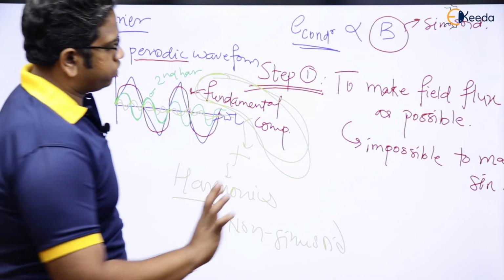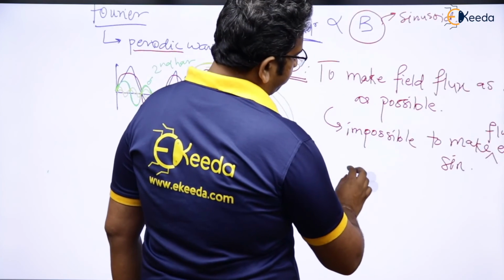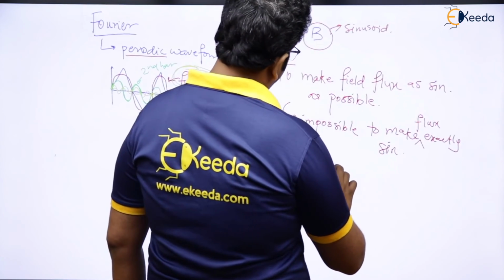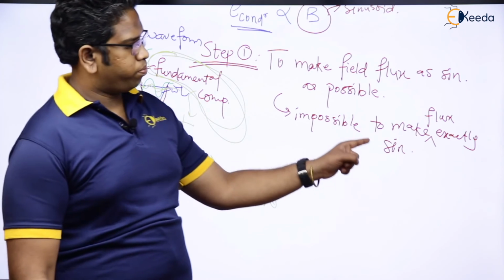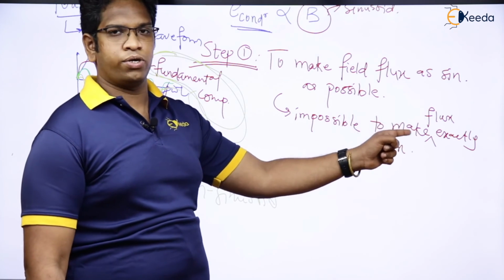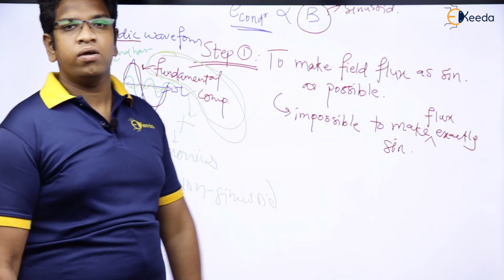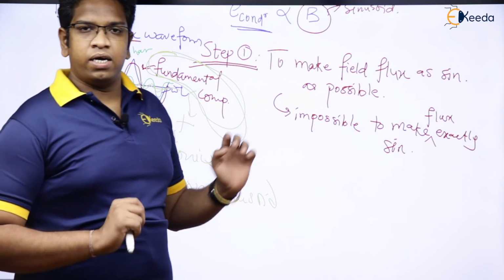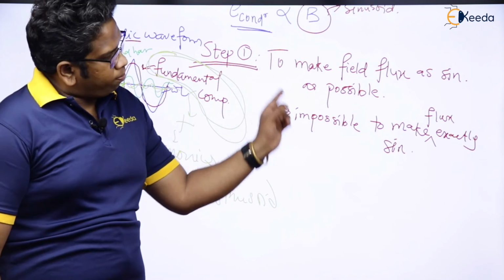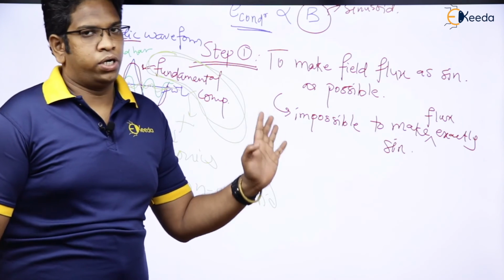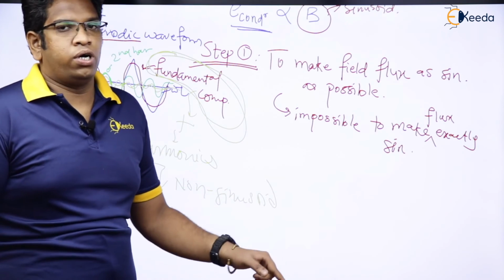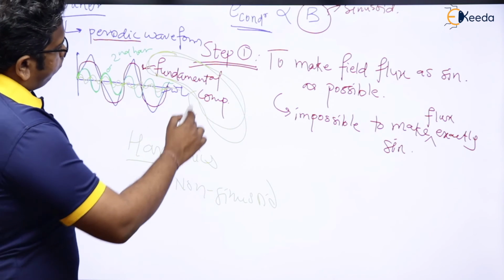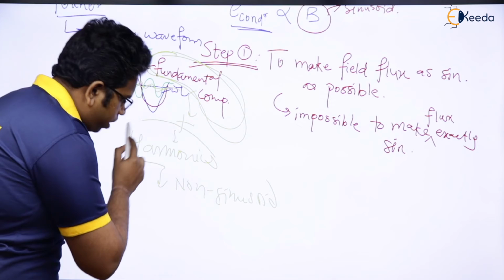So when I am saying that it is impossible to make flux exactly sinusoidal, it means it will still remain non-sinusoidal. We will try our level best to make it sinusoidal, but it will not become exactly sinusoidal, which means there will be the fundamental component plus some harmonics as well.